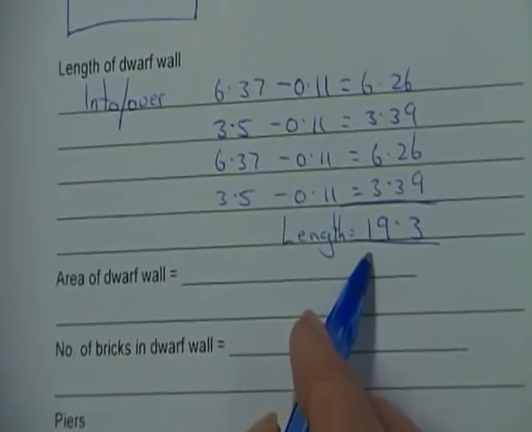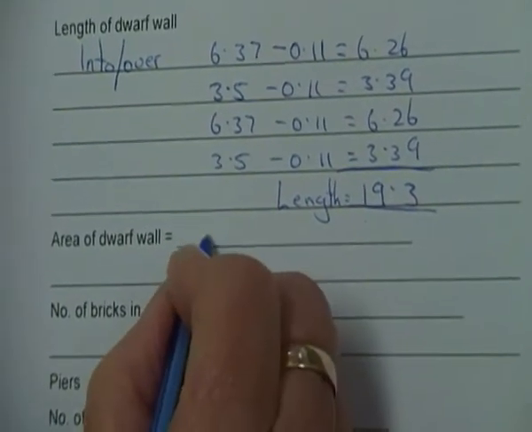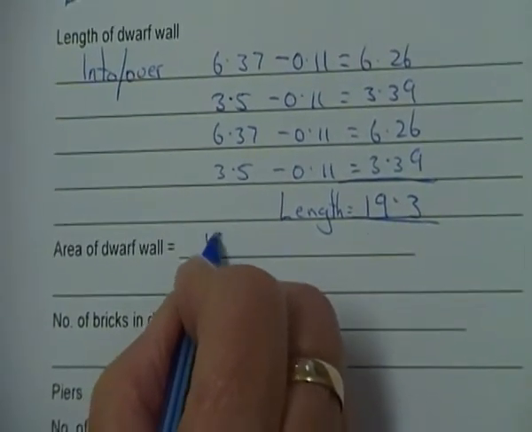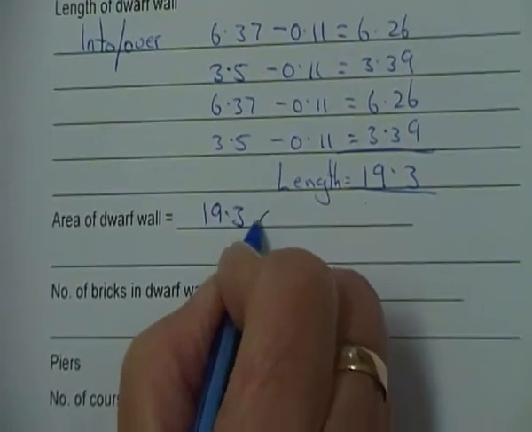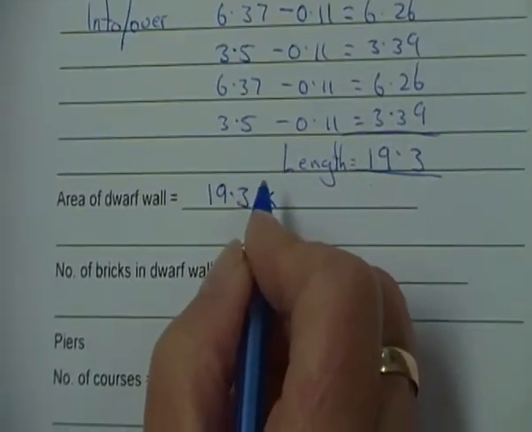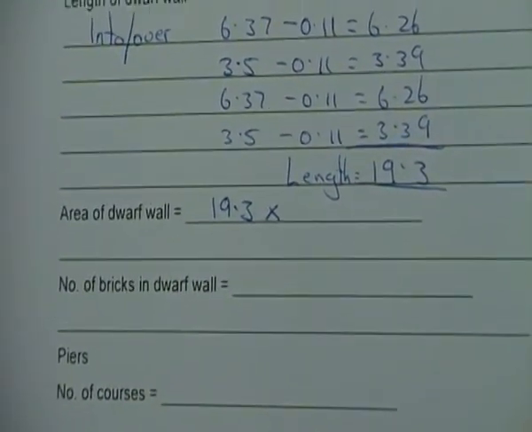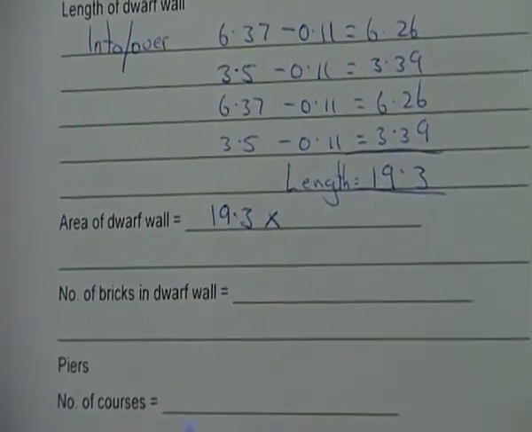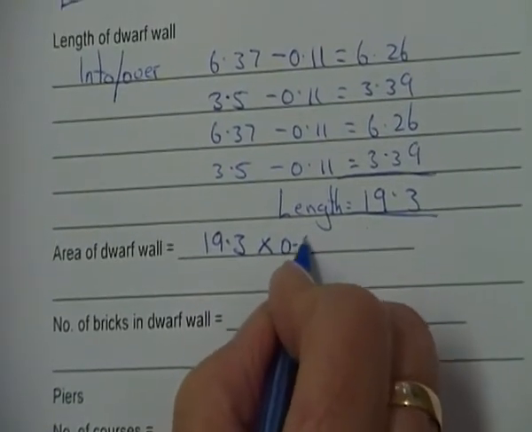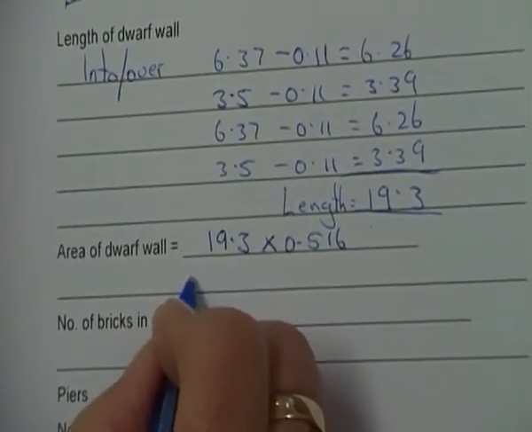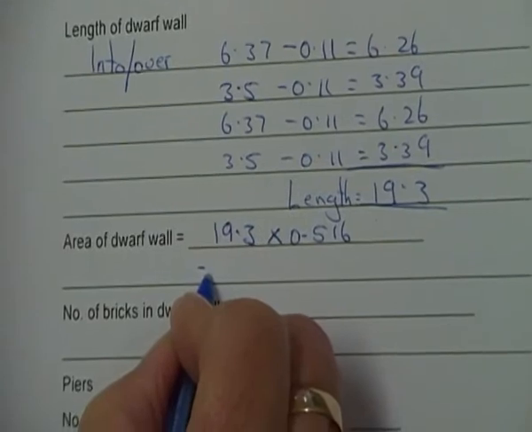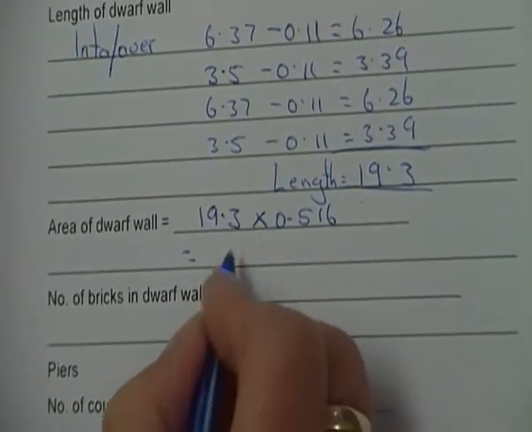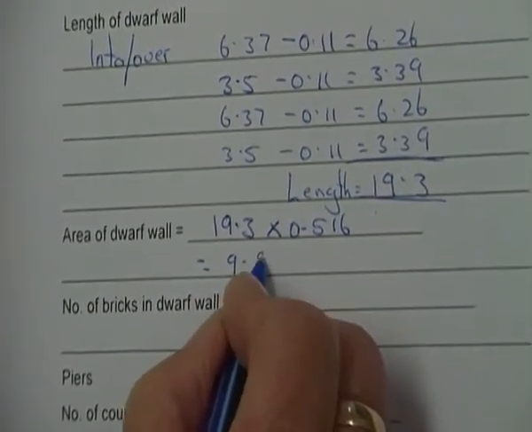The area now for the wall, we need the length times the height. So 19.3 is my length. Now I've got to go to my question to work out the height. So if I'm looking in E, it's going to be 516. I need to convert it, 516. So it's going to give me, for the area, I'm going to have a figure of 9.9588.